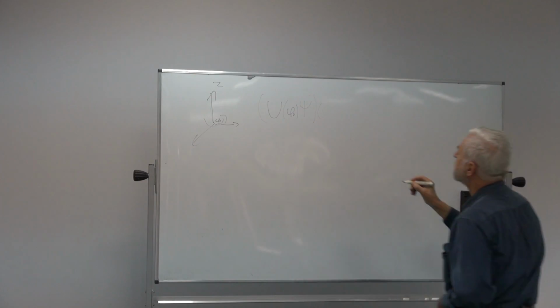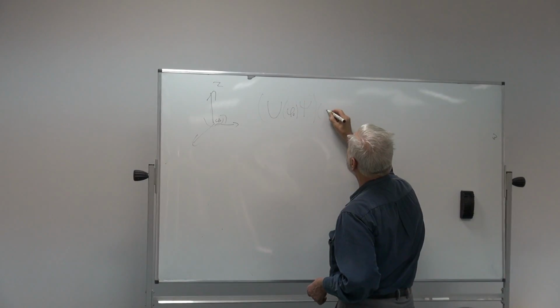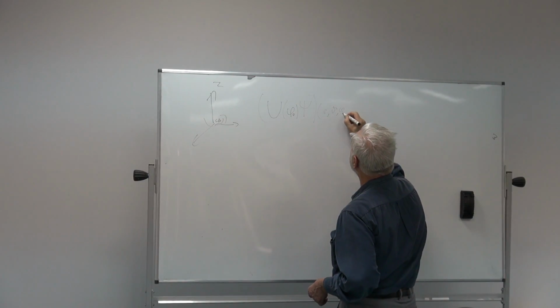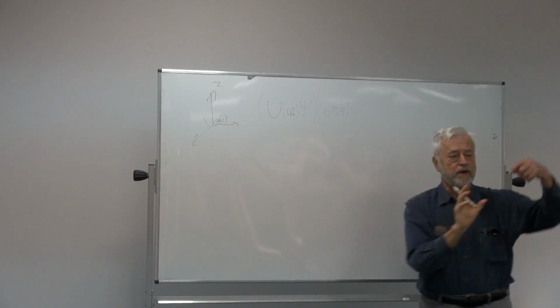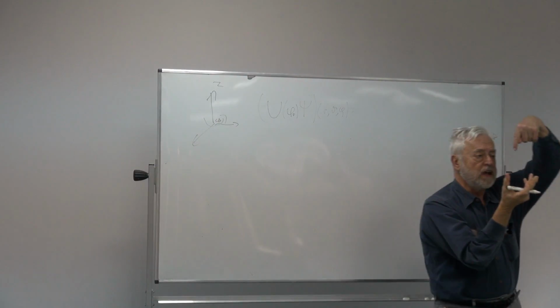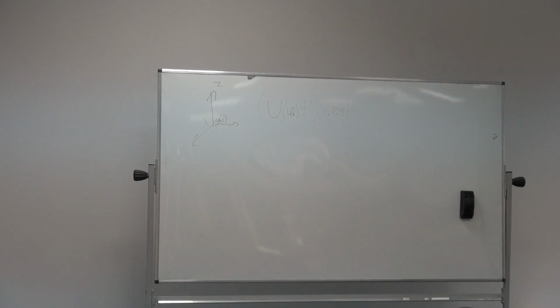If I would write here r, theta, and phi. Why? Well, because obviously such rotation means that r and theta remain unchanged, and phi is shifted by phi naught, yes?